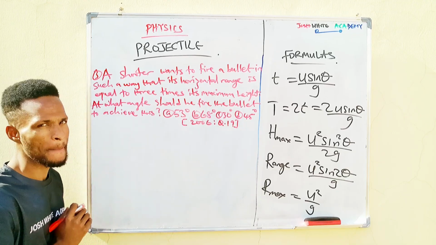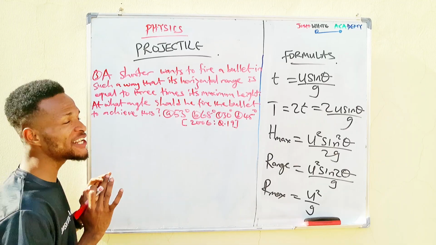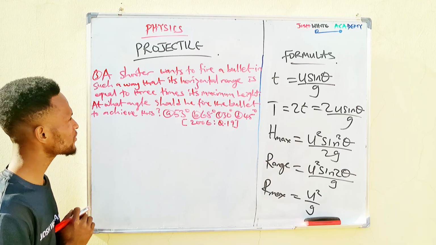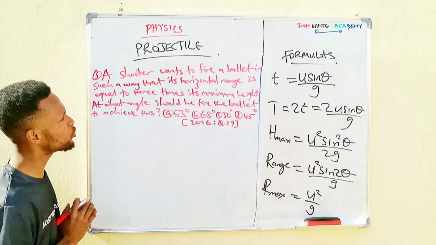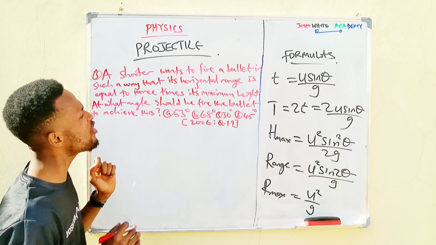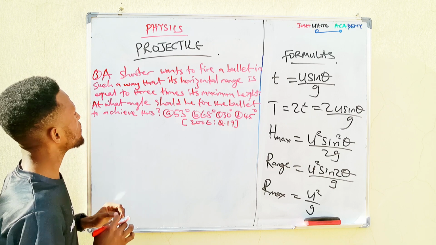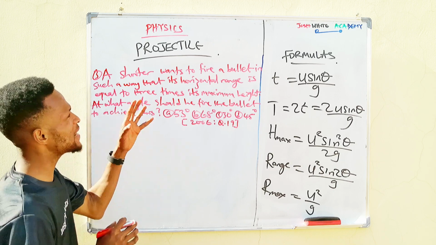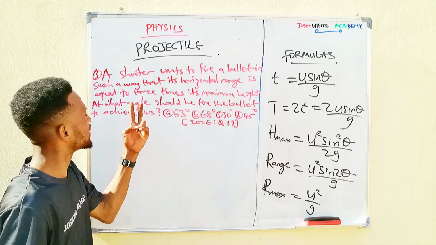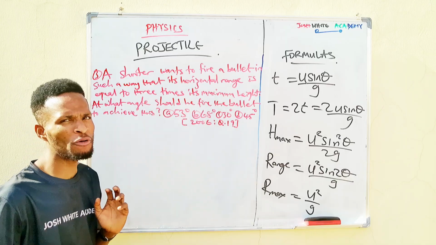This question is a little bit different from the one we've been solving previously. In this question, we are looking for the angle at which this shooter will fire the bullet that will provide a horizontal range that will be 3 times the maximum height.